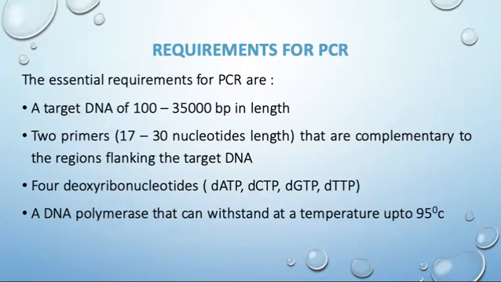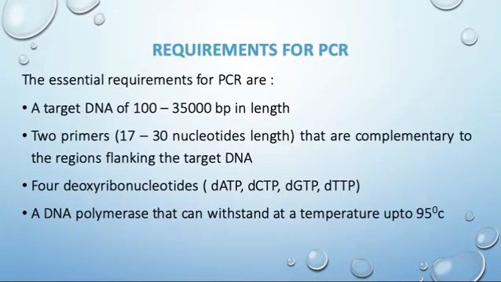Then you require the enzyme, that is DNA polymerase, which can withstand high temperature and doesn't dissociate at any high temperature. Here we are using around 95 degrees centigrade. So these are the 4 requirements of PCR.